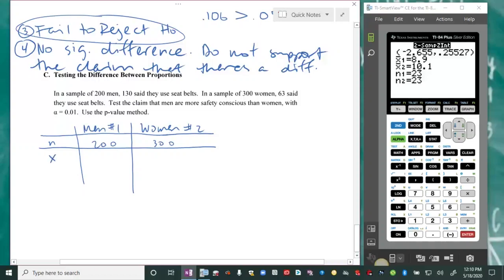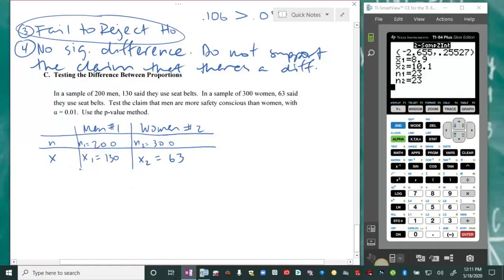So this is going to be my x, not x bar, this is just my favorable outcome, the number. So x1 equals 130, x2 is equal to 63. As I go through and label, I can label these also as N1 and N2. We don't have a standard deviation for these, so this is all that we need to put into our table.